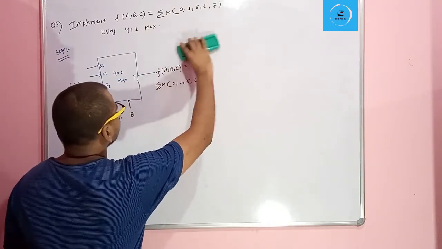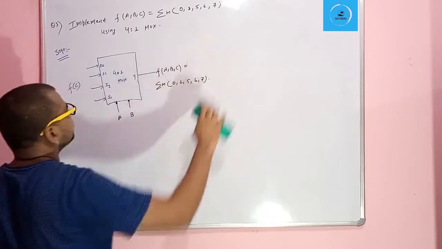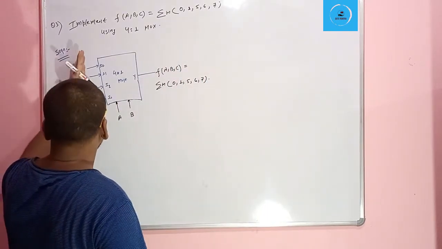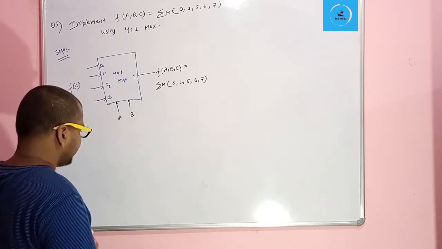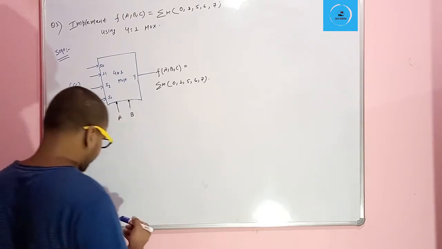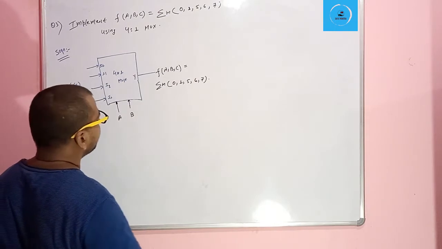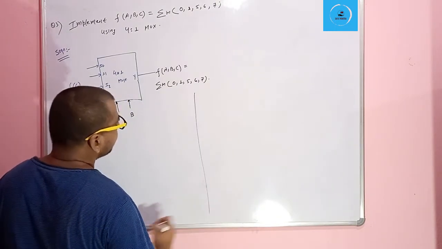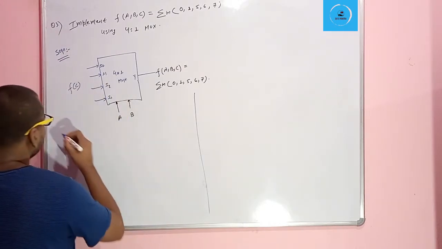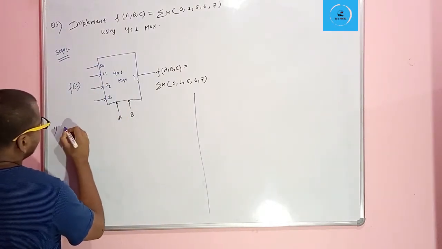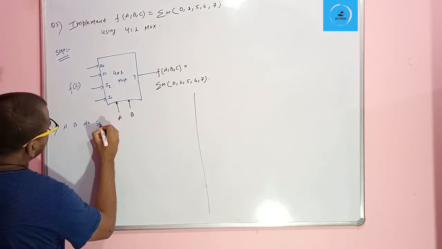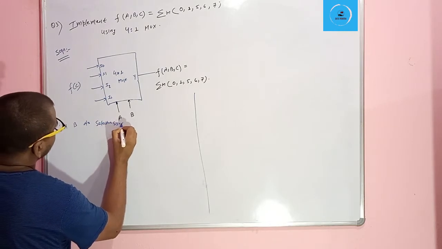Here we are giving the function of c, and here we have selected a, b as the selective lines. Okay, so for solving this question, first we have taken a and b as selective signals.